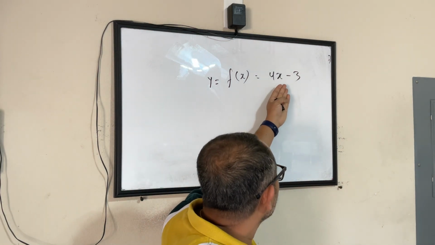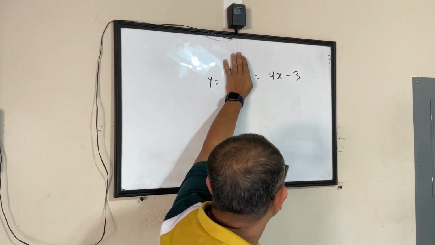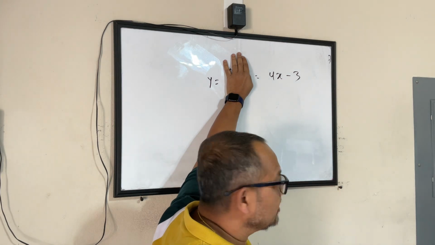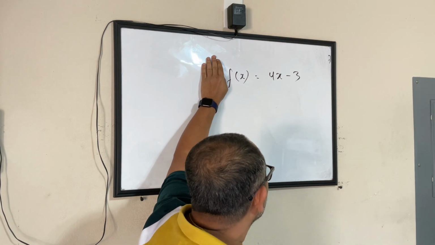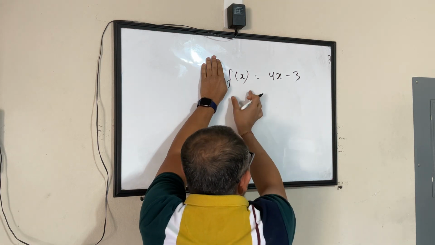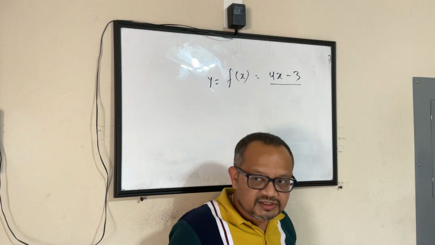This is a classic example of a linear equation or a linear function. This is the equation y = 4x - 3, and this becomes a function of x, abiding by this contract or agreement.